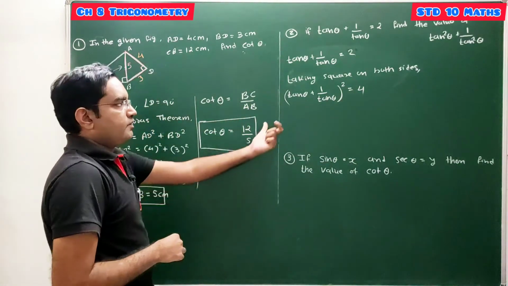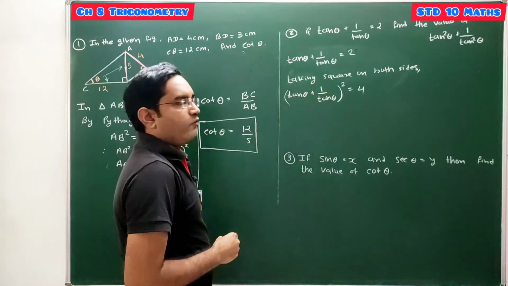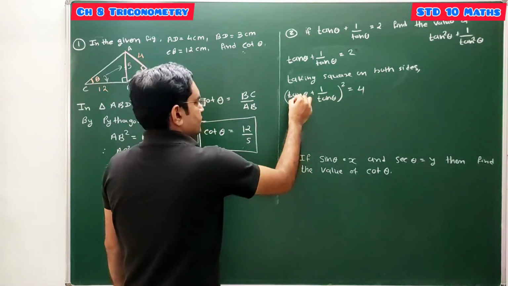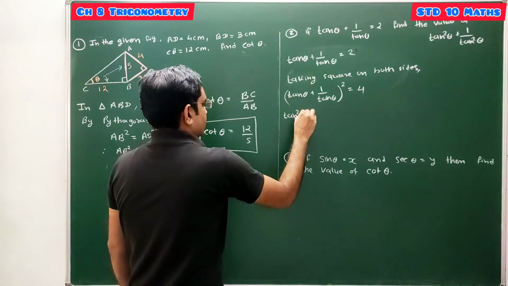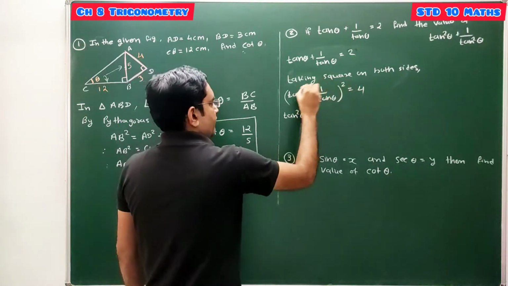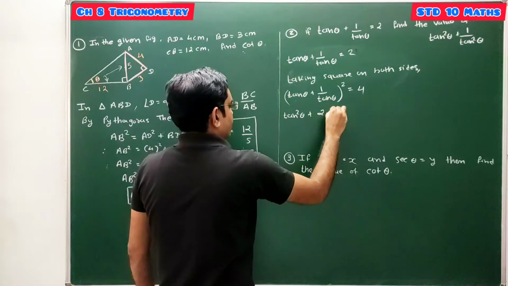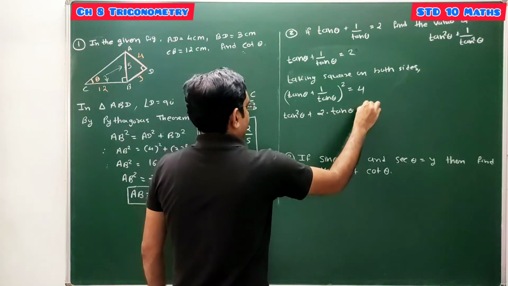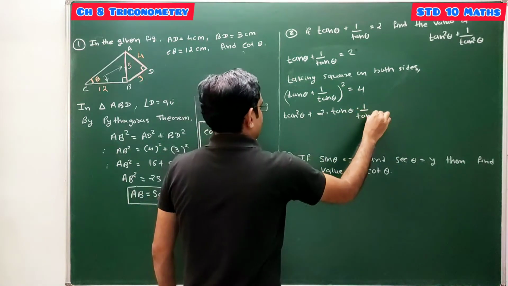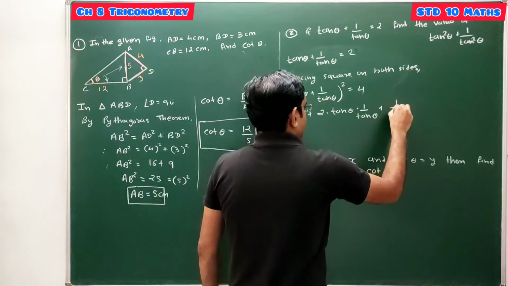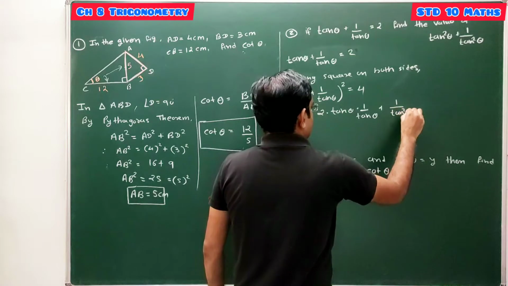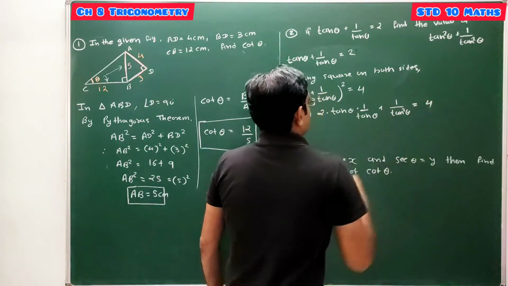Now this is in the a plus b whole square form. Perform the expansion. So it's the first term square plus 2 into first into second term, where the first term is tan theta and the second term is 1 upon tan theta, plus the second term square, that is 1 upon tan square theta, equal to 4.